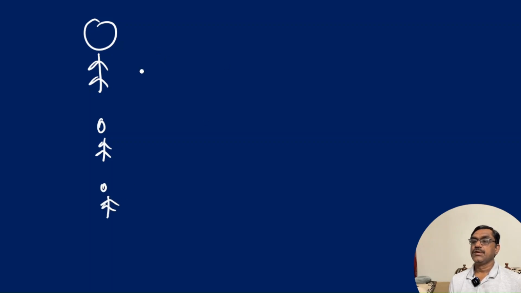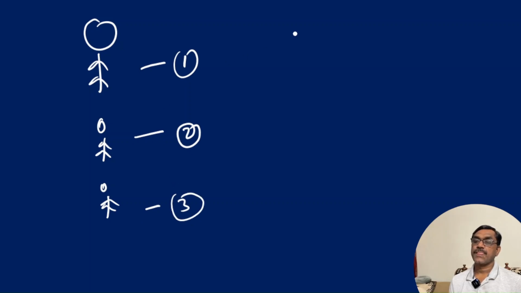See, before moving on to the details, assume that we are taking some example. You see here, there are three persons, right? First person, second person, third person.